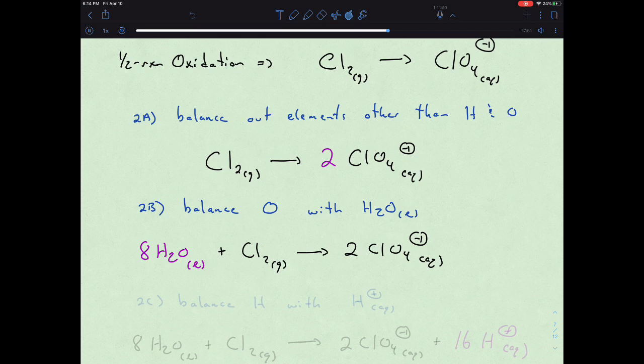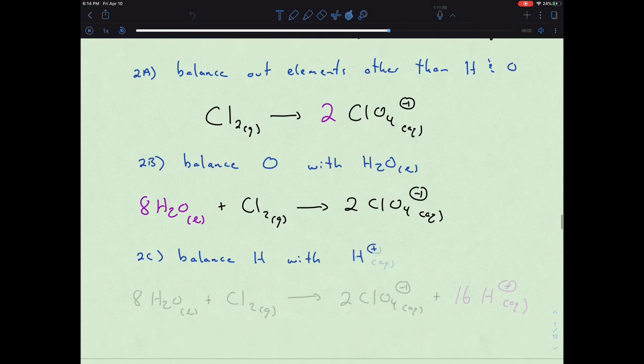Now that oxygen is done, we can go to hydrogen, where we balance our hydrogen with protons.